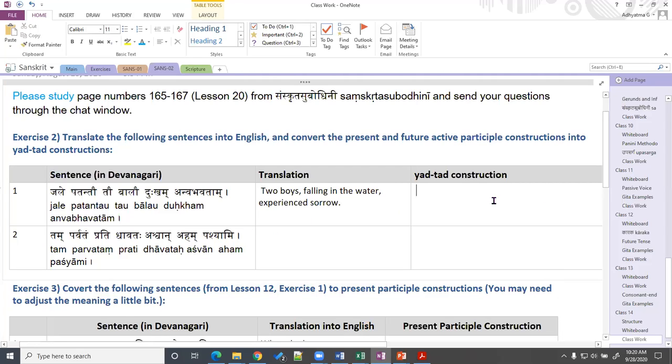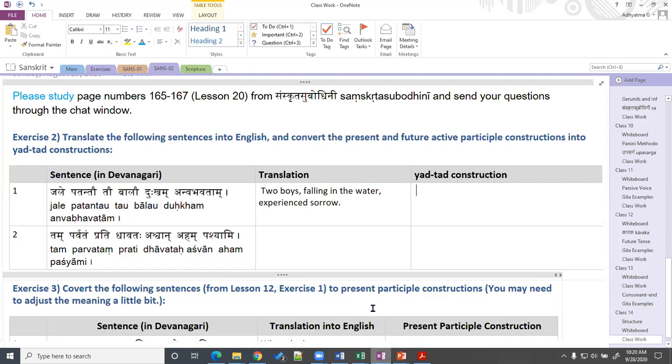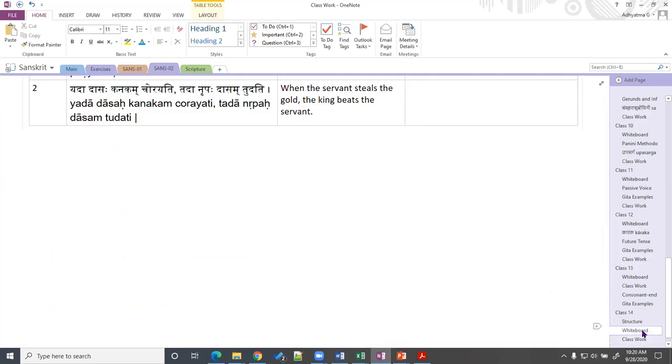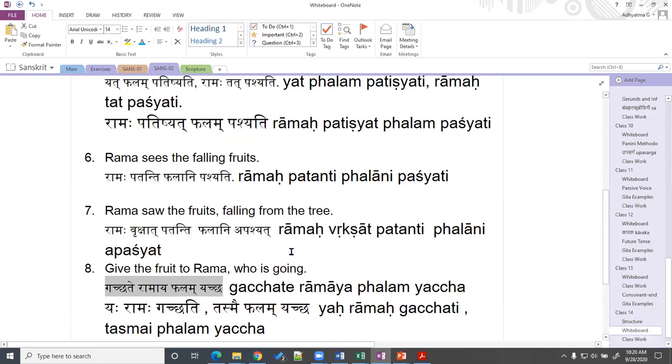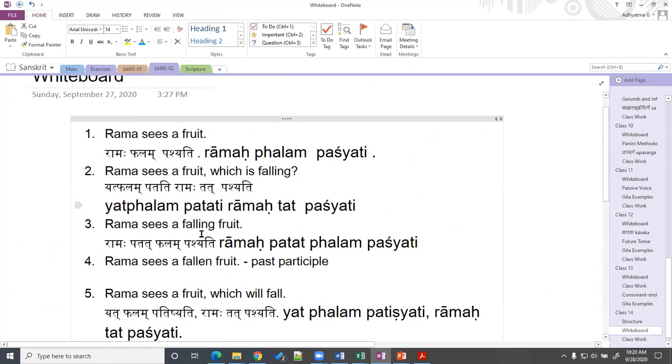Now, if you look at yat tat construction, regarding yat tat construction, I told you that generally you can make the sentences with yat tat, like Rama sees a fruit which is falling. So yat phalam patati Rama tat pashyati.